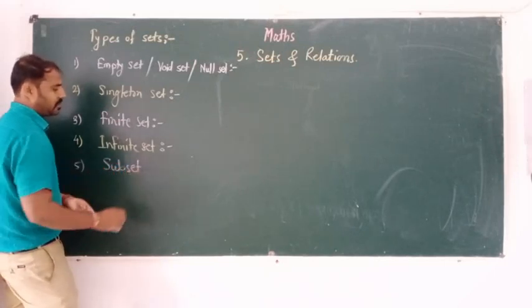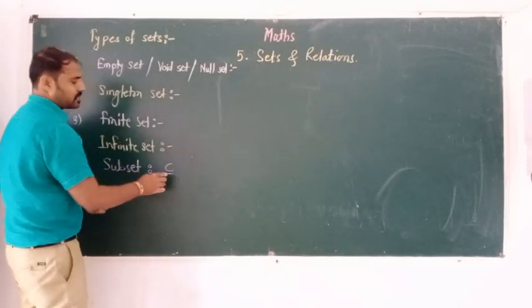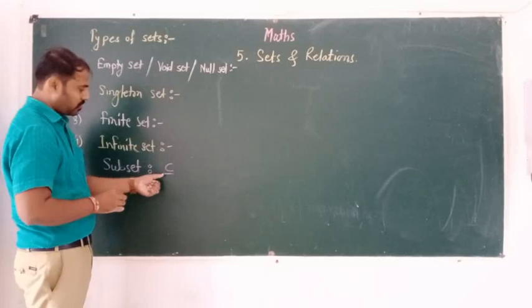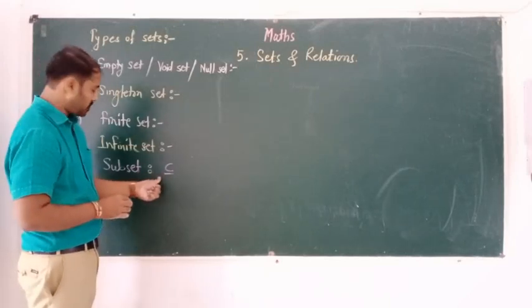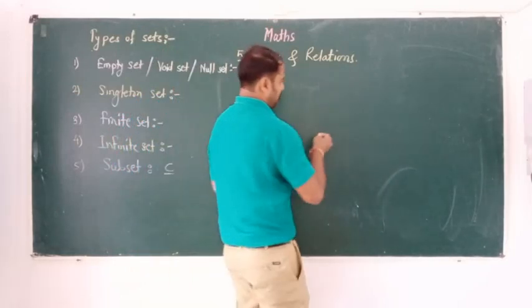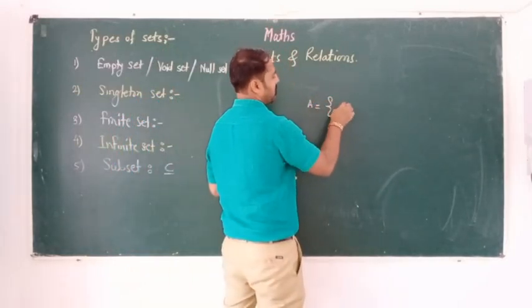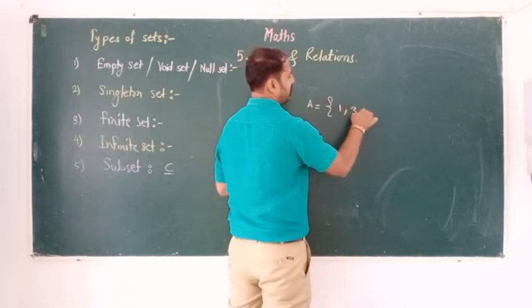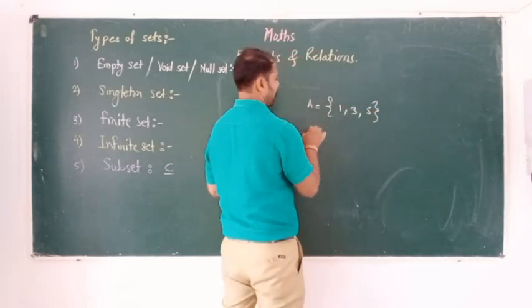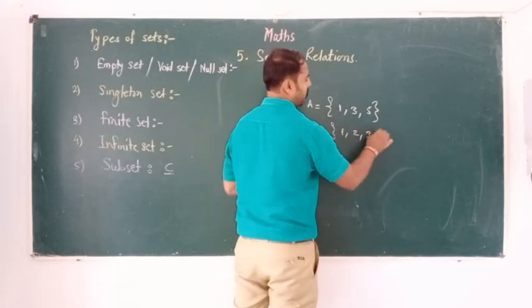Subset. For denoting subset, we use this notation. Look at it. One example is here. A is equal to {1, 3, 5} and B is equal to {1, 2, 3, 4, 5}.